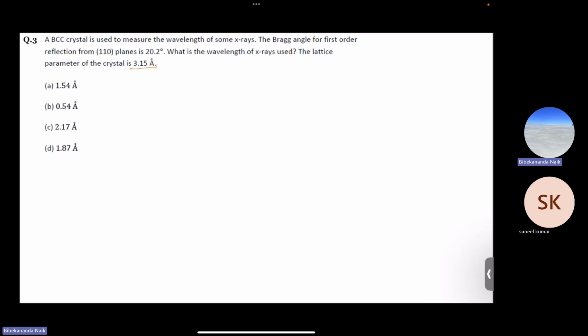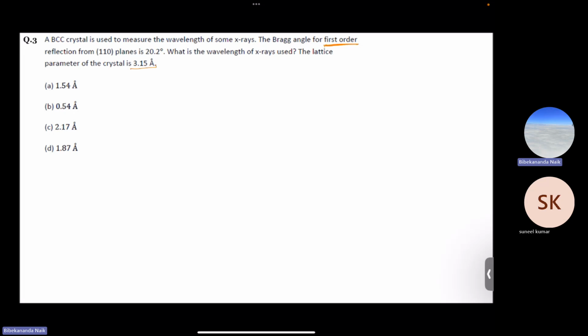So here it is based on the X-ray diffraction concept. A body centered cubic crystal is used to measure the wavelength of some X-rays. We want to measure the wavelength of the X-ray that we are using, where the Bragg angle for first order reflection from the 110 plane is 20.2 degrees.